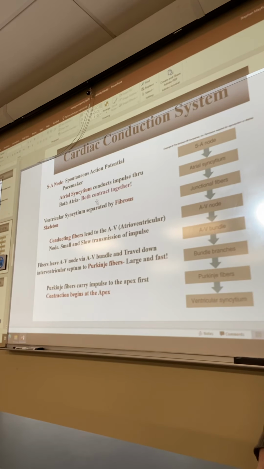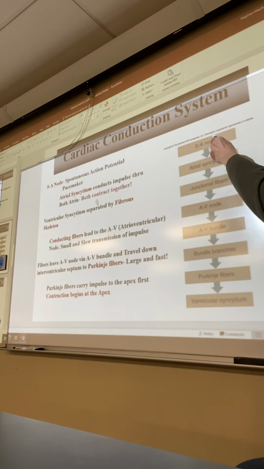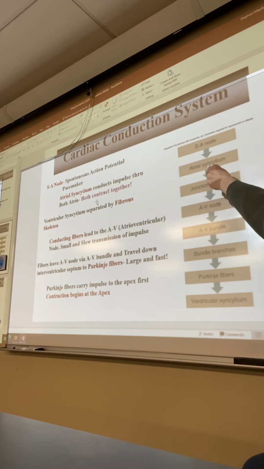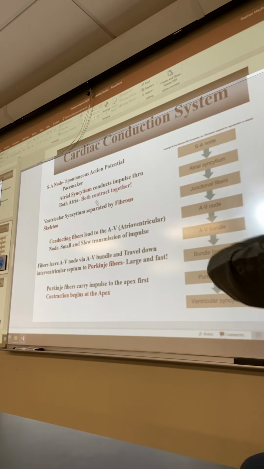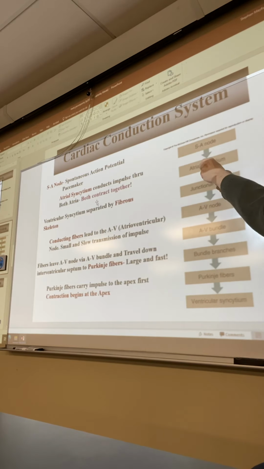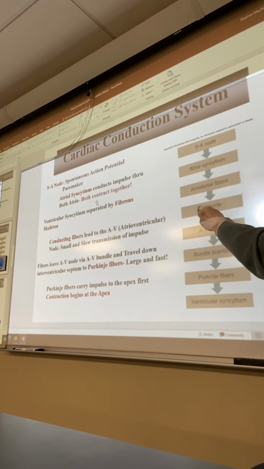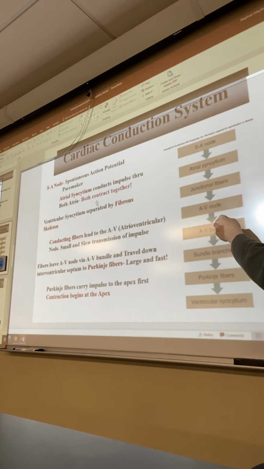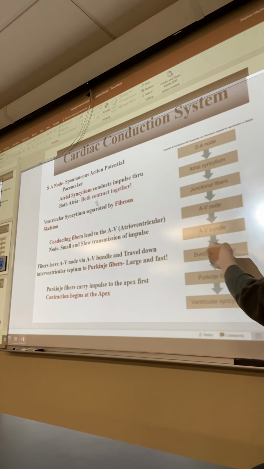So you can see we have the SA node to the atrioventricular, the SA node through the atrial syncytium down to the AV node, then through the AV bundle, through the bundle branch. And so this is going to the septum.